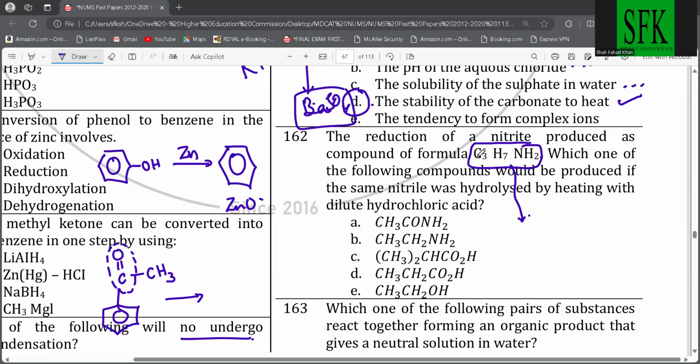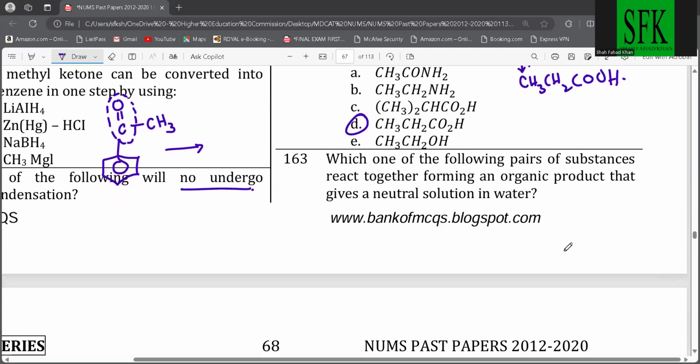Okay, so instead you will have a CH3, CH2, and then COOH. Yeah, hydrolysis results in carboxylic acid. So do we have that in here? Yeah, this one, option D, because one of the three carbons is going to get converted.